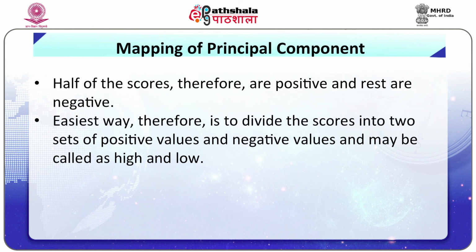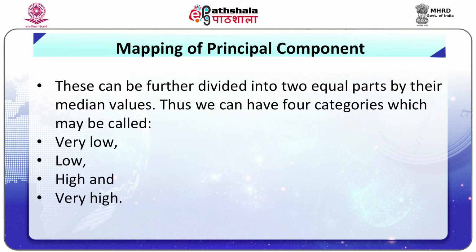The easiest way is to divide the scores into two sets of positive and negative values, called high and low. This can be further divided into two equal parts by their median values. Thus, we can have 4 categories which may be called very low, low, high and very high.